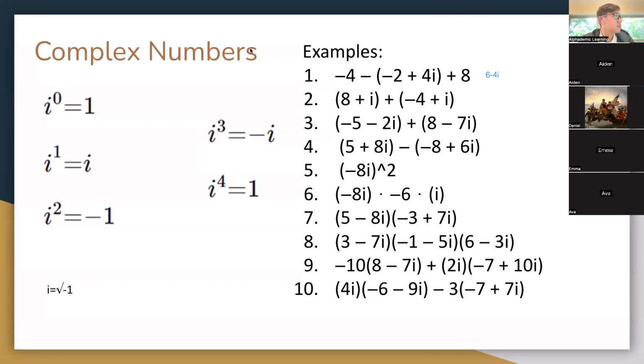So for number 2, the answer would be 4 plus 2i. And then for number 3, the answer would be 3 minus 9i.